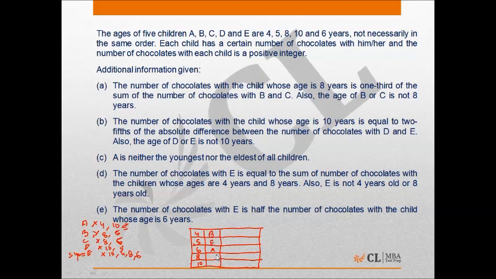And as we know that the age of C cannot be 8 years, his age has to be 10 years. From this, the age of D comes out to be 8 years. This is the first case.